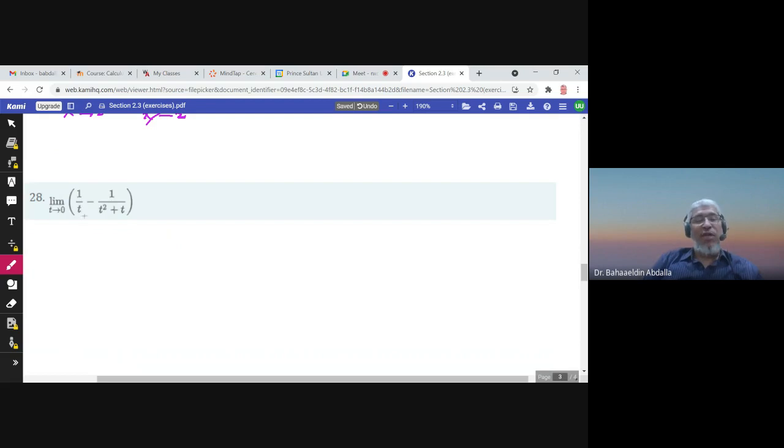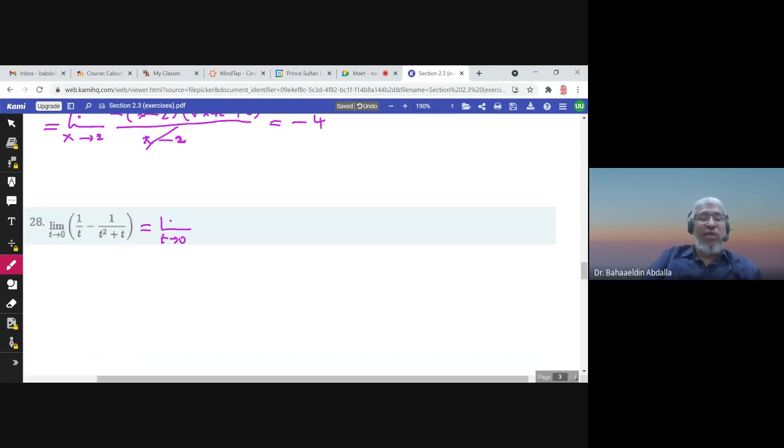Here 1 over 0 is not defined. So I will try to add these two terms, or I can also try to write it like this. I have 1 over t, and I can take 1 over t as a common factor from the two terms.